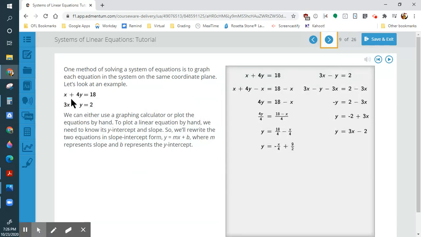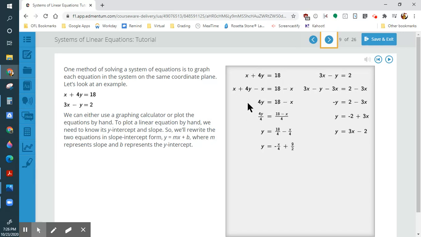So if we're doing this one, we have this weird method. There's three methods of solving. You can do it by graphing. That was the easiest, but it's a little harder when you get really specific. Or you can do it algebraically. What they're doing here is they're making all of them equal to y.